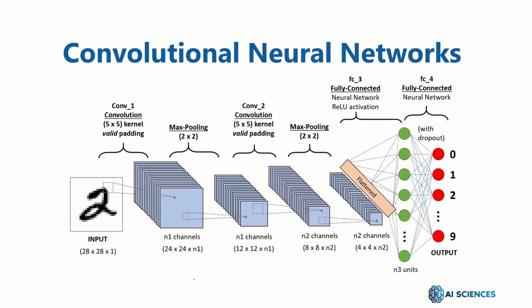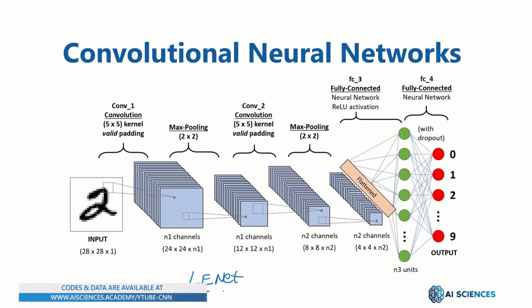This is an example of LeNet by Yann LeCun, the first practical convolutional neural network, which the US also used for postal code number scanning. And there are convolutional layers, which I will explain in the next video.